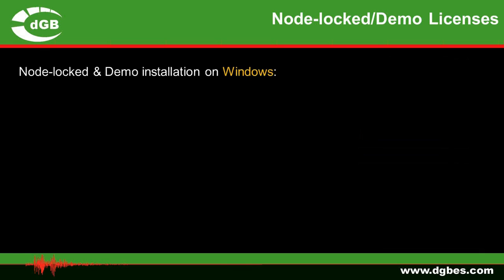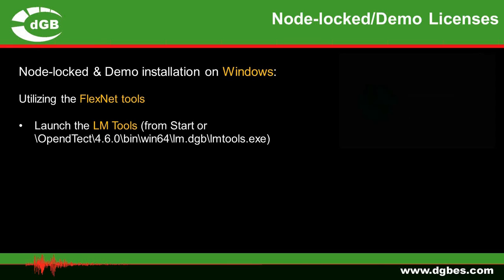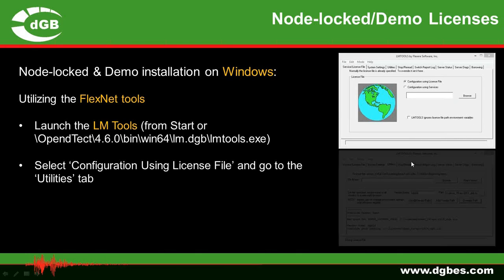Another way of installing node-locked and demo licenses on Windows is also to use the FlexNet tools, but in a slightly different way. You will launch the LM tools from start or from within the installation. You select Configuration using license file, as shown in the image here, and go to the Utilities tab, as shown here.